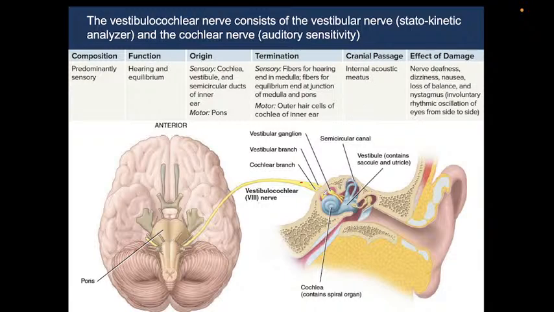The nerve leaves the cranium in the internal acoustic meatus, the same point where the facial nerve is located. They go together and leave the skull at the same point, the internal acoustic meatus.